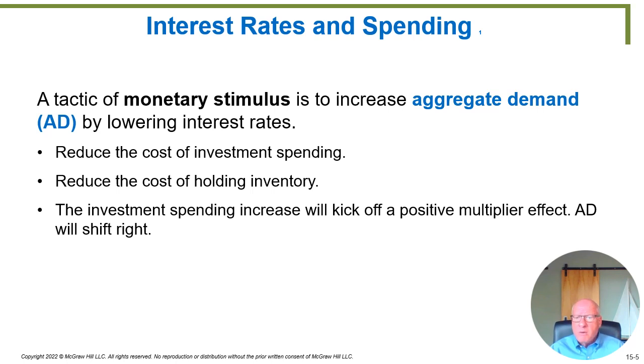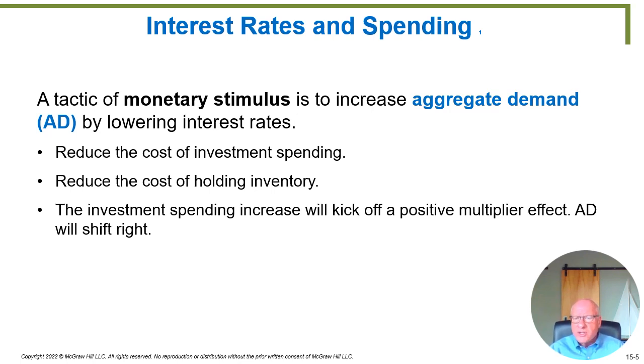If you're Home Depot and normally you hold 1,000 board feet of 2x4s in every store, and interest rates are really, really low, and Georgia Pacific offers you a deal, if you buy 2,000 board feet for every store, we'll make you a special deal. If interest rates are super low, then of course it would be in Home Depot's interest to go borrow the money and stock up on inventory to get the better deal.